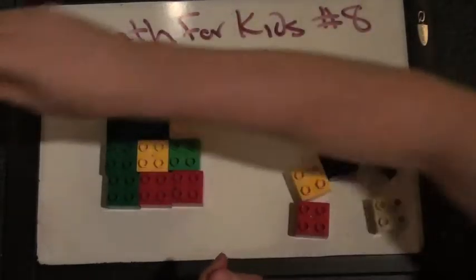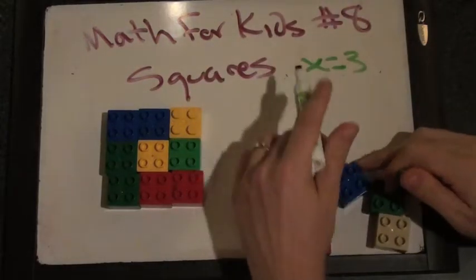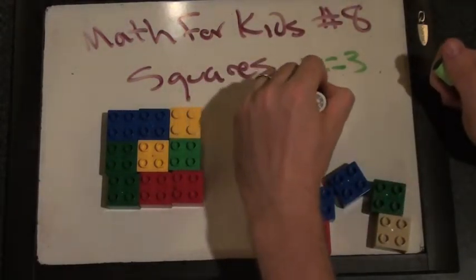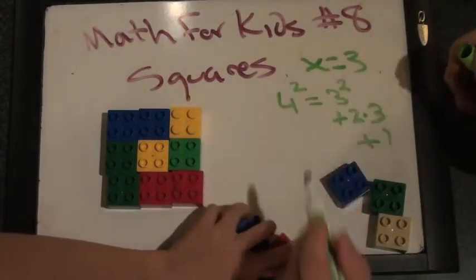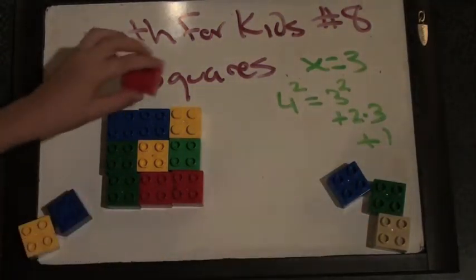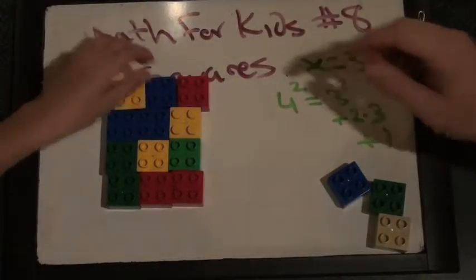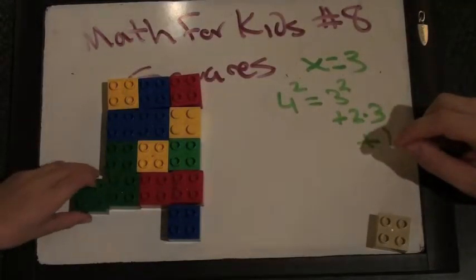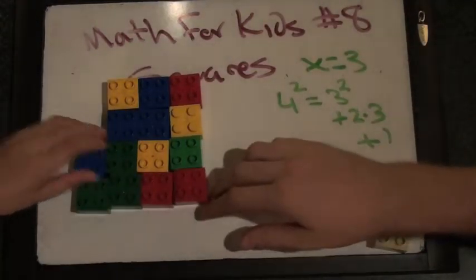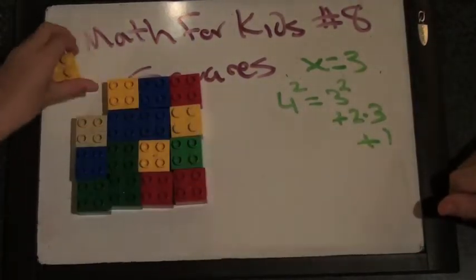So in this case, x equals 3, so we're trying to show that 4 squared equals 3 squared plus 2 times 3 plus 1. There's our 3 squared. Here is the 2 3's. And here is 1.